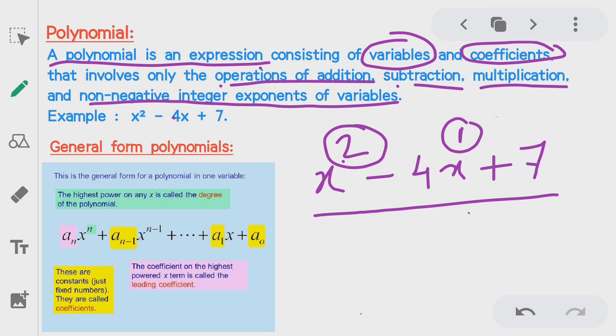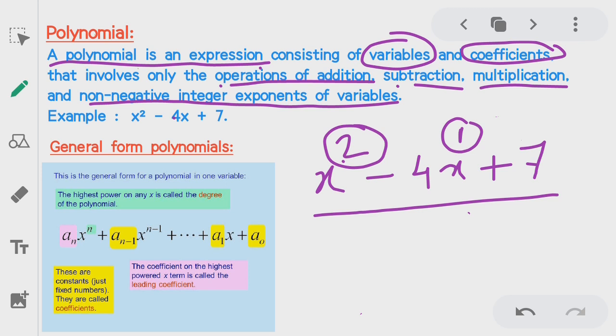The variable should contain positive power or positive exponent only. It should not contain any negative power, negative exponent, or negative fraction or positive fraction also, because we already wrote here non-negative integer.